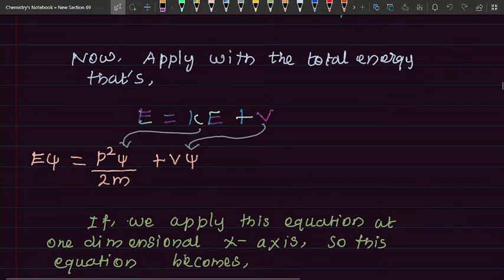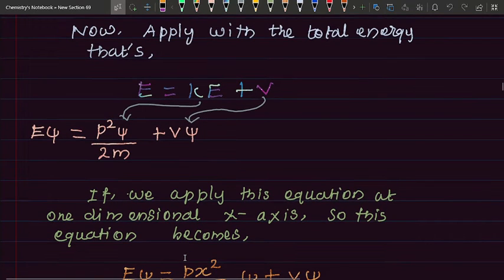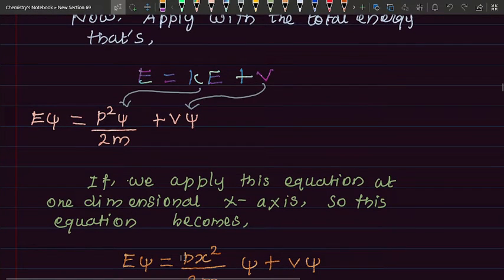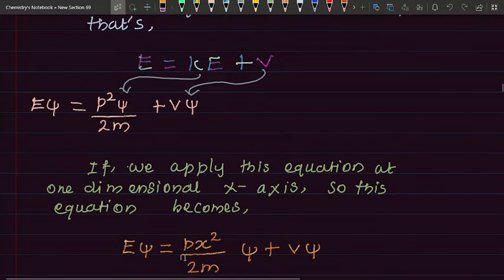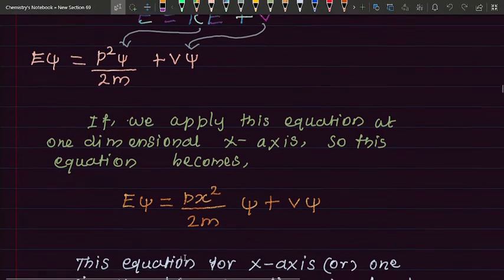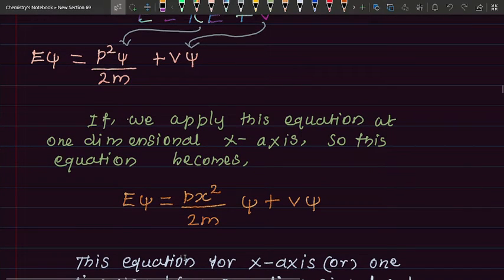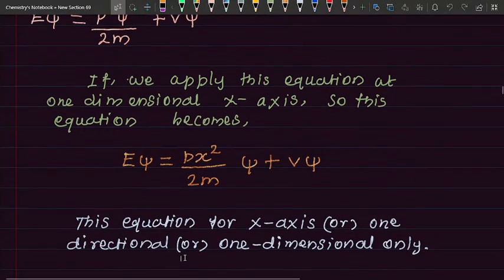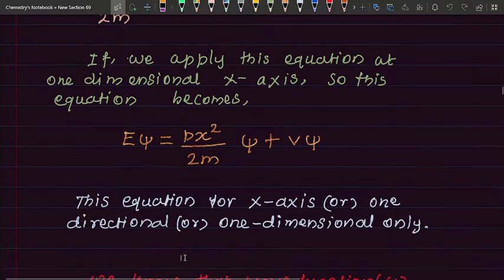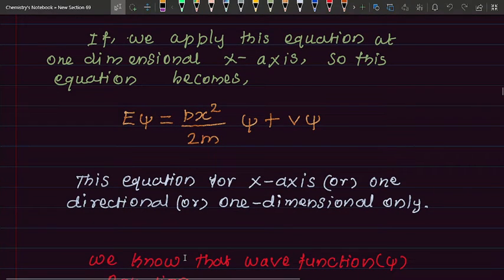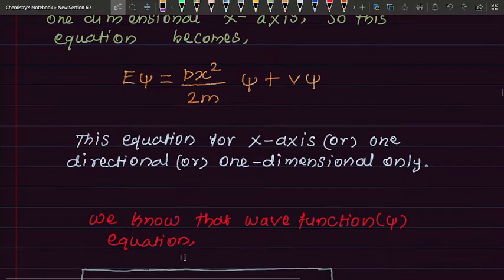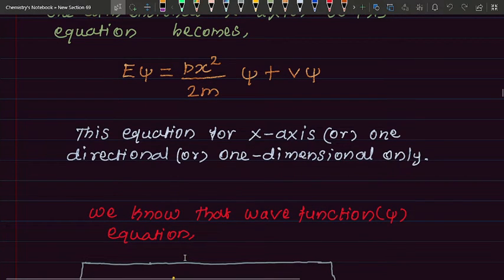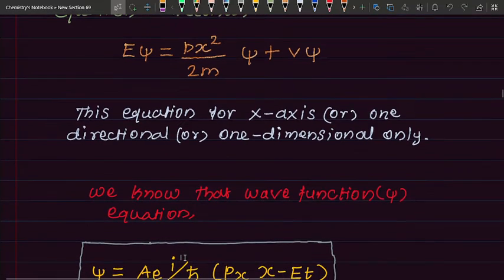If we apply this equation in one dimension, the x direction, the equation becomes E psi equals px square divided by 2m psi plus V psi. This equation is for the x axis only, one direction or one dimension of this system.